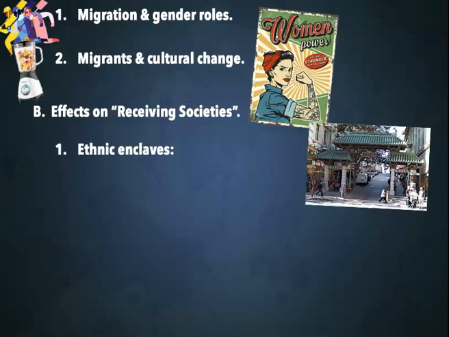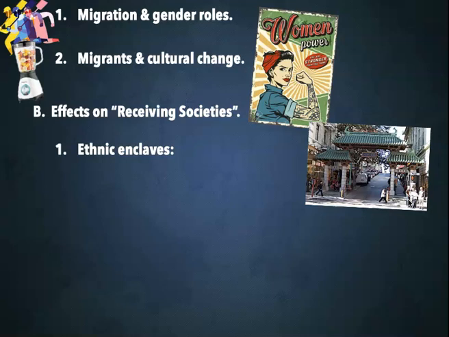Those of you from AP Hug, this term you should remember: ethnic enclaves. That's no problem if you didn't have AP Hug. An ethnic enclave is basically when people of a similar culture cluster themselves together. A lot of times they do this for security, sometimes for familiarity, sometimes for protecting each other.